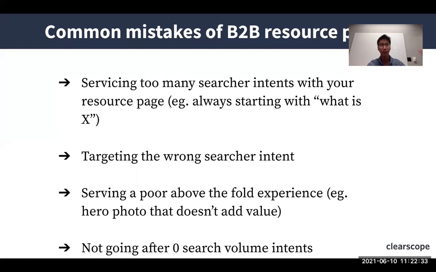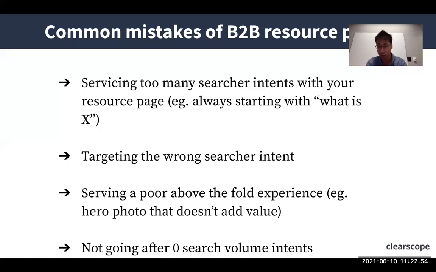So when you start with what is AI for retail, you're going to make the user maybe question if this piece of content is actually serving their needs, and they might end up going back to Google, performing an additional search, or clicking on an additional result, in which case Google might take that as poor user engagement.